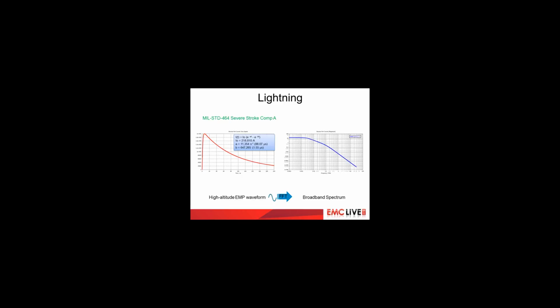So lightning has significant energy below 30 megahertz or so. Again, a template is available in CST for lightning analysis. Lightning is really current and magnetic field dominated, compared with EMP, which is more electric field dominated for the coupling.